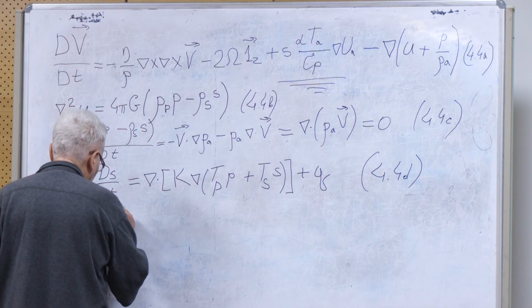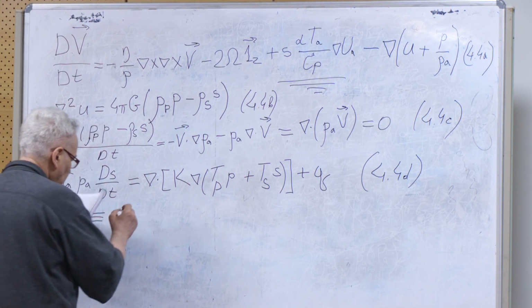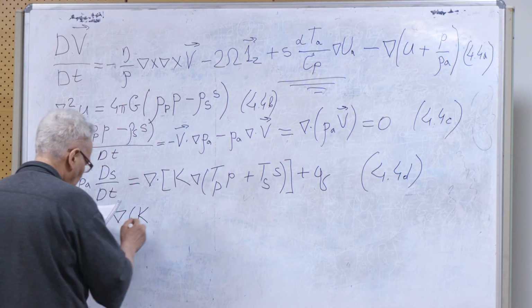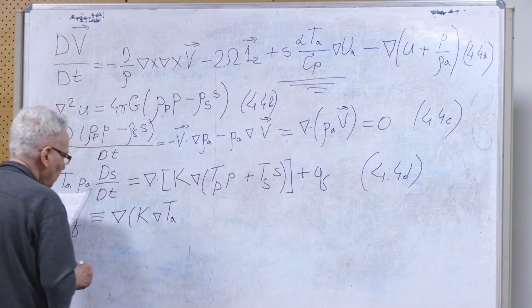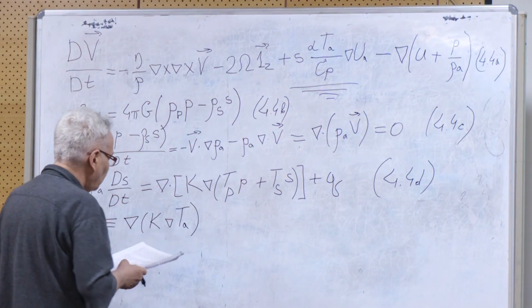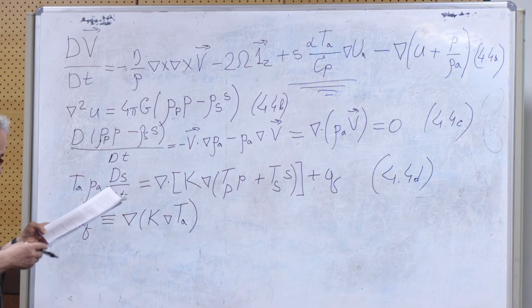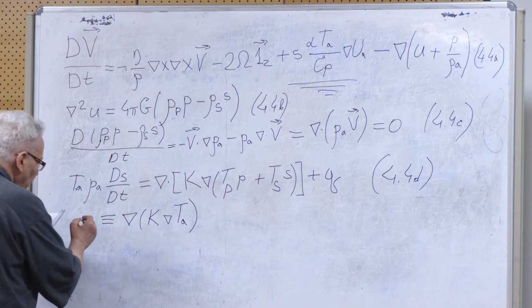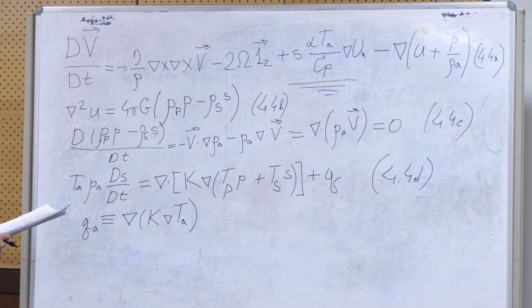So first we have the divergence of the temperature, K gradient T_A. So we have the divergence of the gradient from some combination of transport coefficient and gradient of the adiabatic state. Let's name it the adiabatic contribution.